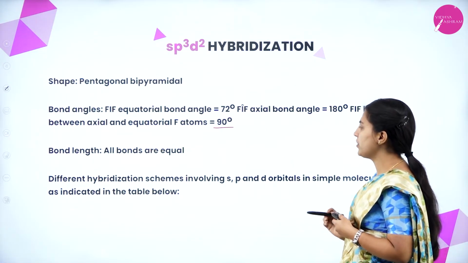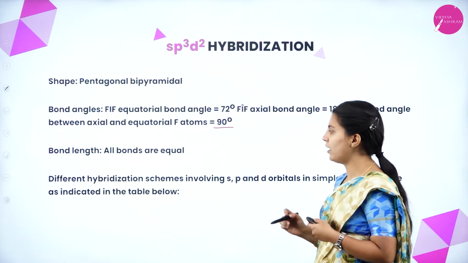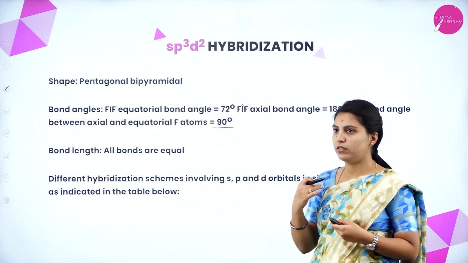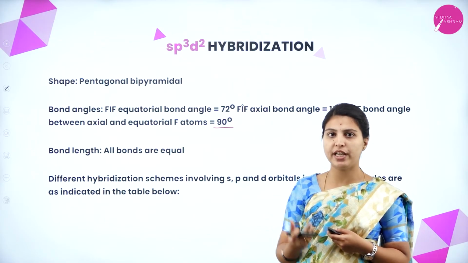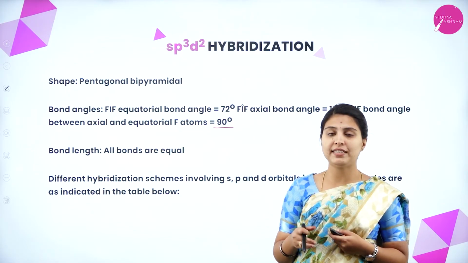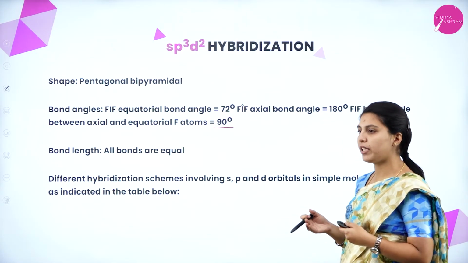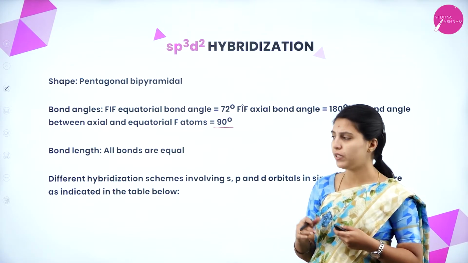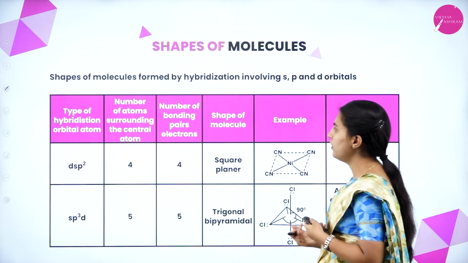Different hybridization schemes involving s, p and d orbitals in simple molecules are indicated in the table below. After seeing all the kinds of hybridization, whether it is sp3, sp2, sp, or involving d orbitals sp3d, sp3d2, sp3d3, these are the kinds of hybridization we have discussed. Based on these concepts, we are seeing further examples in simple molecules.